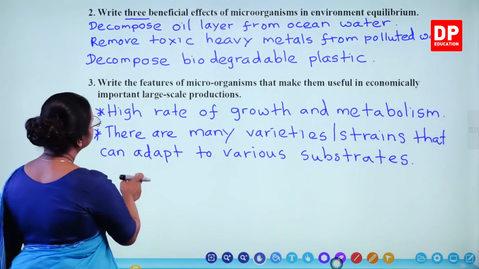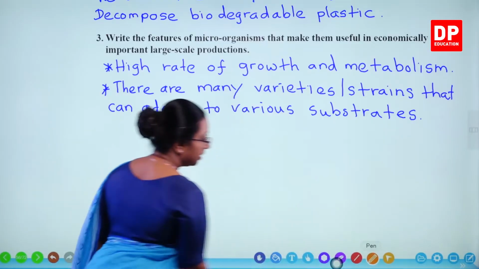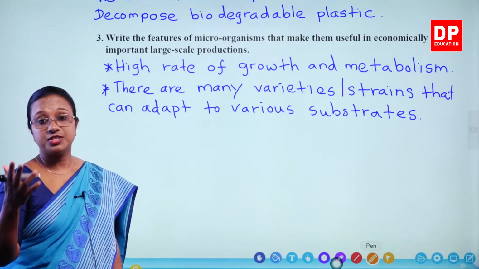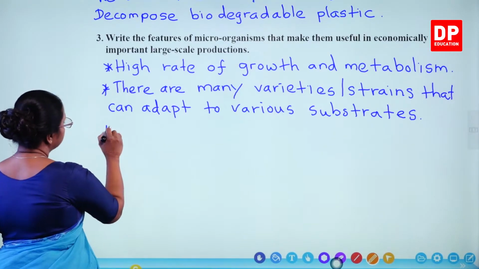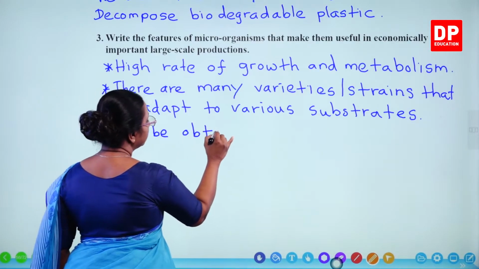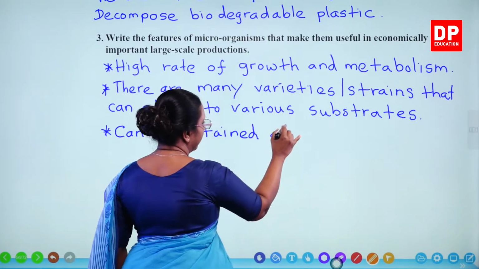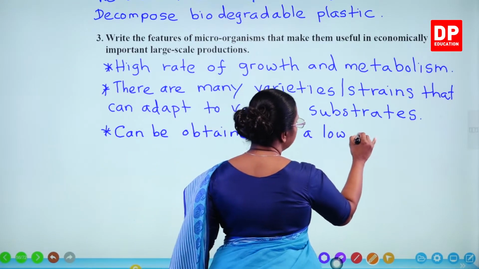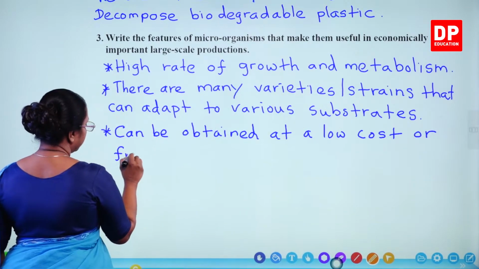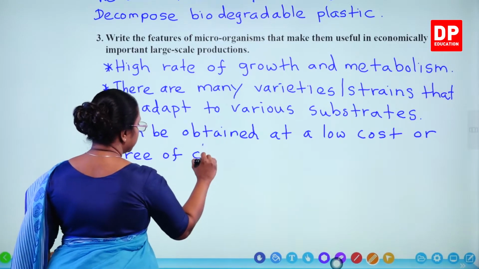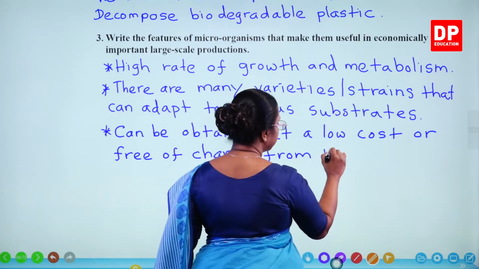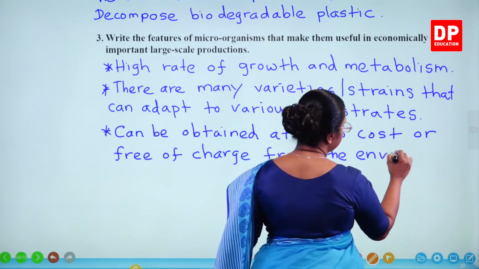What else? How can you get them? You can get them at a low cost or free of charge from the environment. So, can be obtained at a low cost or free of charge from the environment.